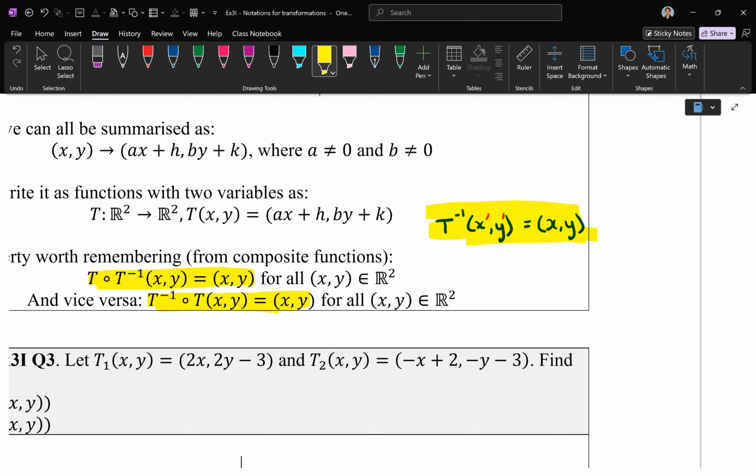So the T means transformation. The little negative one means inverse transformation. If you're wondering about this, I can explain it as well. You know how we normally say this is your domain? Because it's domain, it's only one axis, it's one plane. So that's why they usually use R. Why do they do R squared? It's because that means your function has x and y.